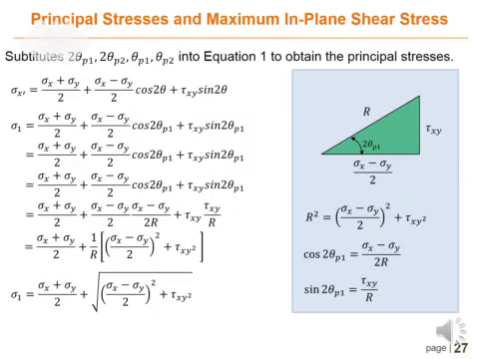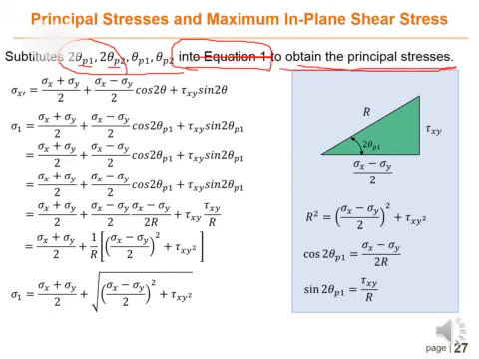Okay, so once you already obtain theta p1 and theta p2, you can substitute these values into equation 1 in order to obtain the principal stresses, which means you are going to determine sigma 1 and sigma 2.